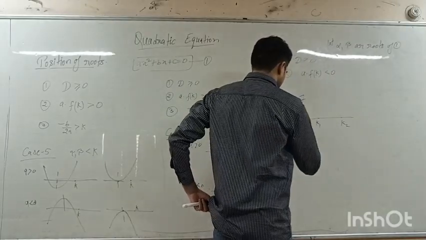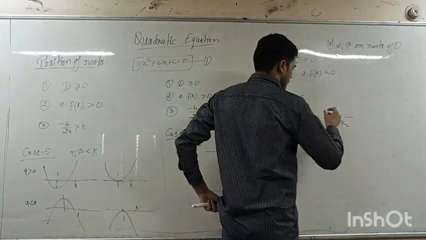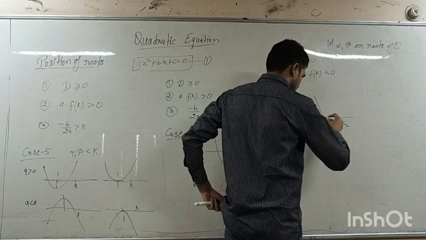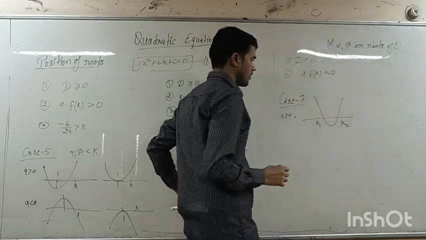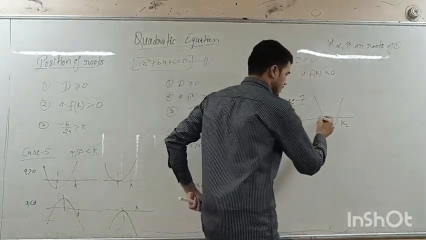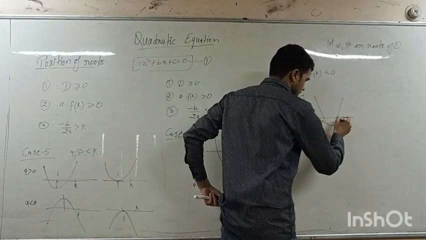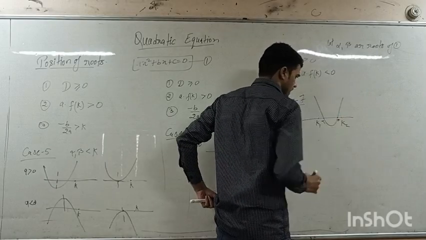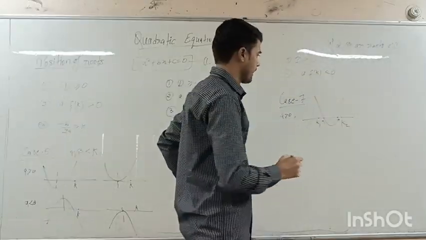If a is greater than 0, the graph can be like that. Alpha and beta are greater than k1 and less than k2. Alpha will be here, beta will be there. This is the x-axis.